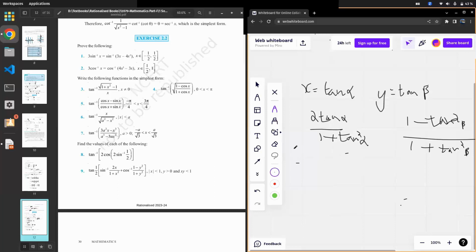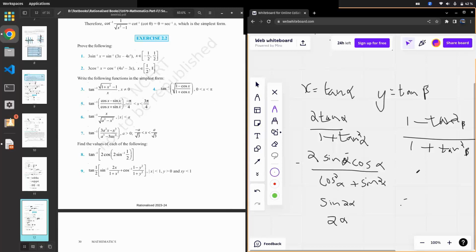The numerator will be 2 sine alpha cos alpha divided by cos square alpha plus sine square alpha. We know that cos square alpha plus sine square alpha is equal to 1, and 2 sine alpha cos alpha can be written as sine 2 alpha. Since we have the sine inverse, this will be equal to 2 alpha.